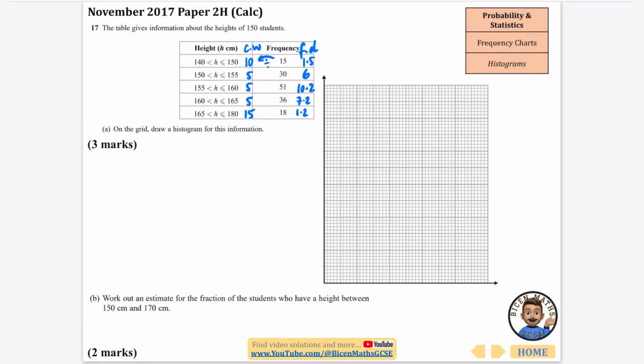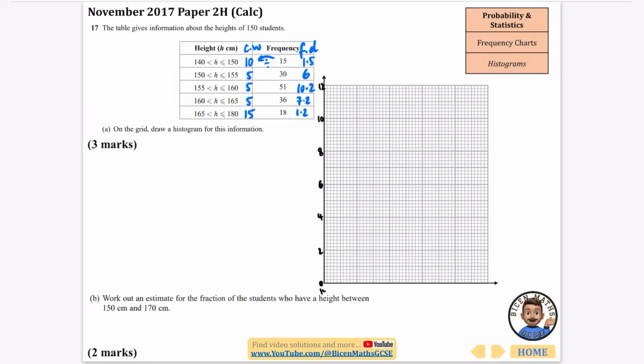Okay, I'll do the axes in black so it doesn't confuse. So it's going to go 0, 2, 4, 6, 8, 10, 12. And along the bottom, we need to go all the way up to 180. So it could go 140, 150, 160, 170, 180.